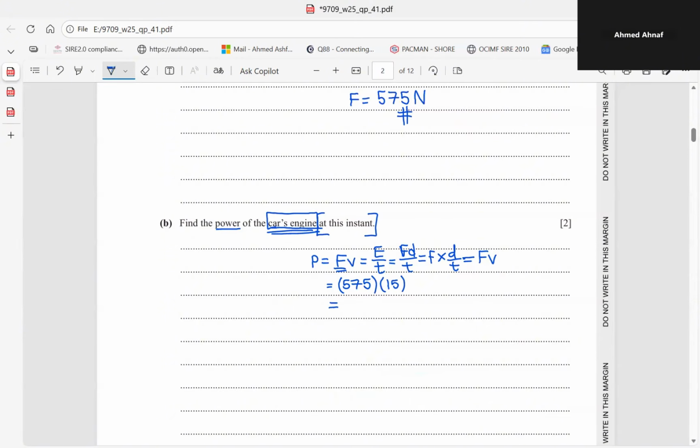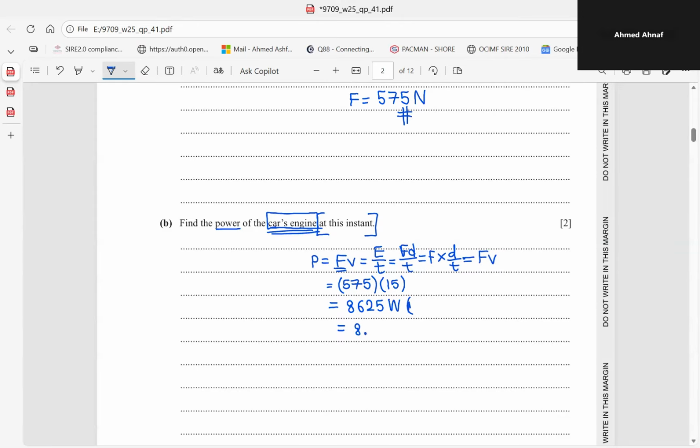Okay, and then now you multiply, you would get 8,625 watts. You can also leave it in kilowatts, but you have to round it off to 3 SF, or you can leave it like this because it's exact.